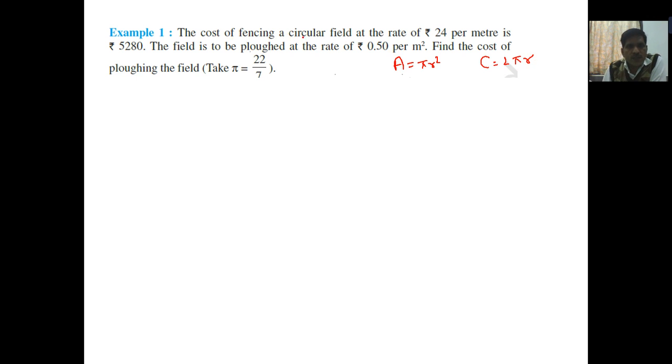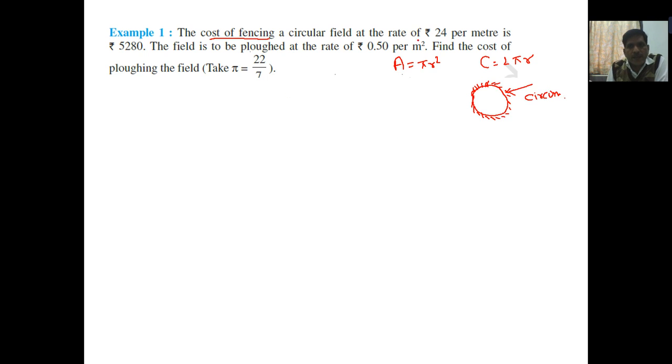The cost of fencing a circular field at the rate of rupees 24 per meter is 5280. The field is to be ploughed at the rate of 50 paisa per meter square. Find the cost of ploughing the field. So here the fencing cost is given. If we make one circle and here it is the fencing, it is called the circumference.